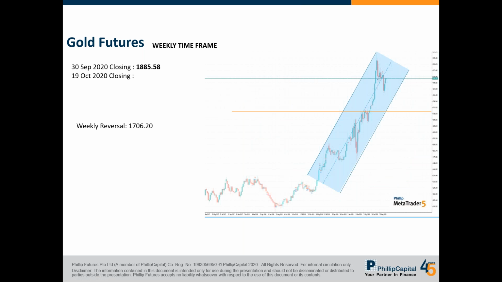Now, on a weekly time basis, gold has been trading on a very tight channel, as you can see here. Very nice. Supported by key drivers such as mentioned earlier.